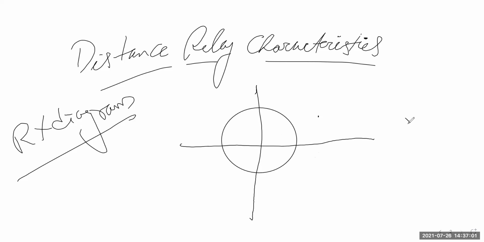So we consider the radius of the circle is Z. The phase angle between R and X, this is minus R, this is R, minus X, in this RX diagram, is also called the impedance angle, that is this phi, which represents the position of the vector theta, as shown over here.